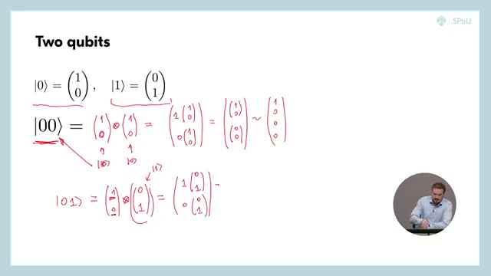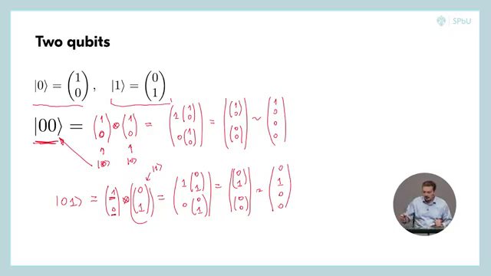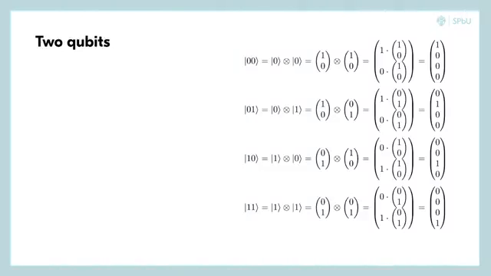So this gives us this tensor, which we can naturally map to this 4-dimensional vector. And of course we can apply this rule to all the basis vectors, and we obtain this table.